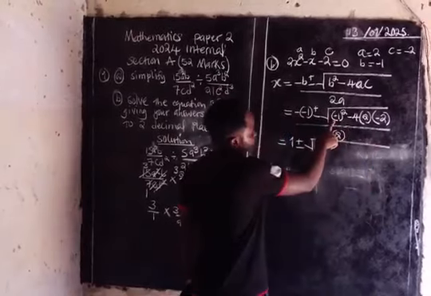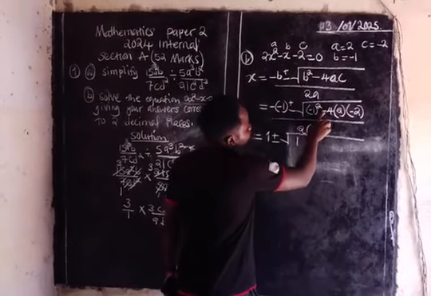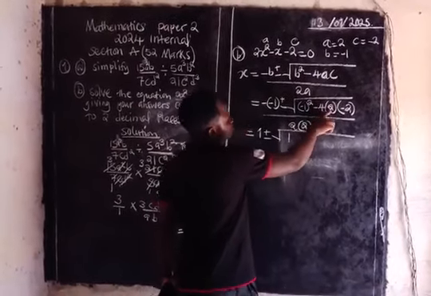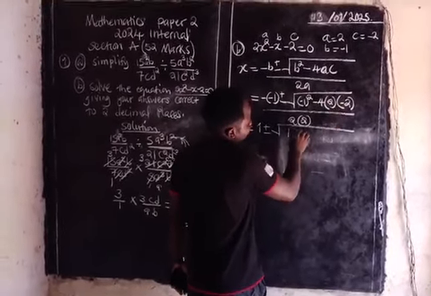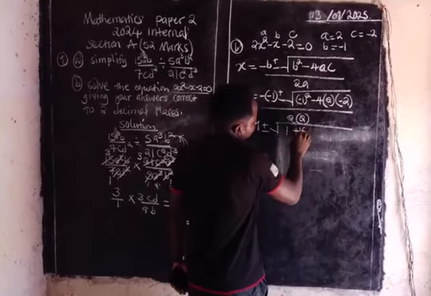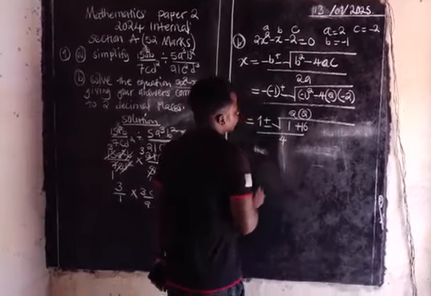So you are going to have the positive plus or minus. Then when you multiply, you are going to have positive 1. Then here, negative 4 times positive 2 is negative 8. Negative 8 multiplied by negative 2 is positive 16. Then divide by this times that, which is 4.